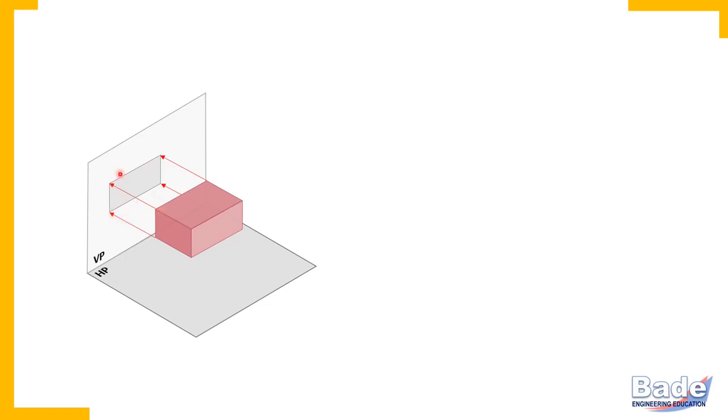So view in VP or projection of object on the VP, that is front view. When you watch object in the direction perpendicular to HP, and whatever you can see, all those details to the scale you draw on the HP, that is projection on HP, nothing but top view.